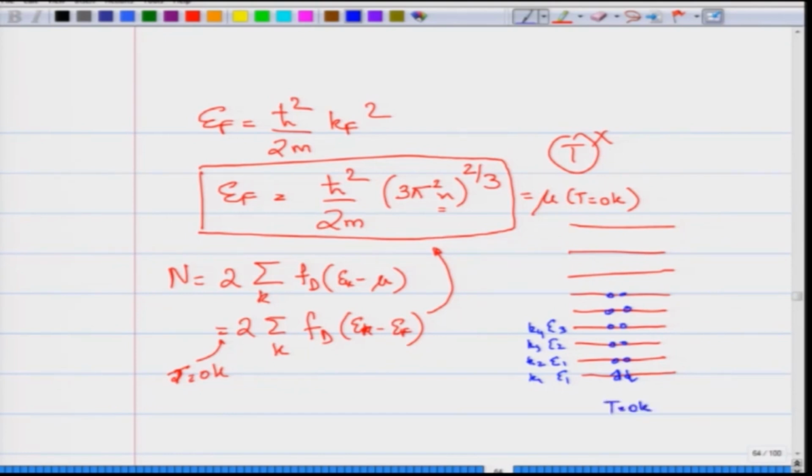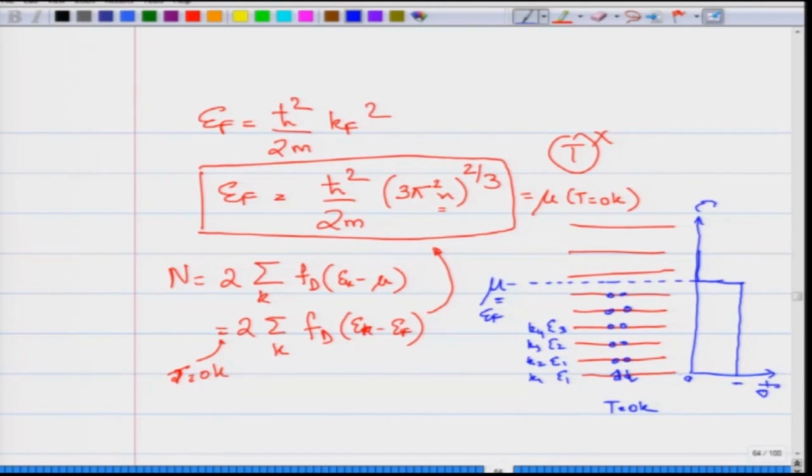All of this we are of course speaking at T equal to 0 Kelvin, and this is where your chemical potential is going to sit, which is your Fermi energy, close to the maximum energy the particles will have. And your Fermi-Dirac distribution is going to be this: occupancy 1 until you reach your Fermi energy, and then of course it drops to 0.